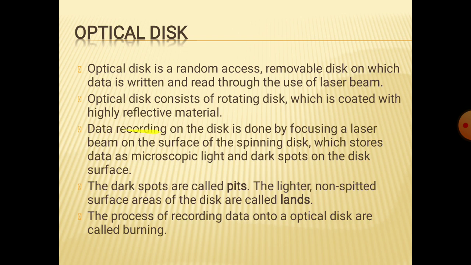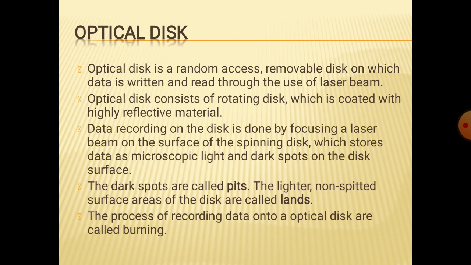The data recording on the disk is done by focusing a laser beam on the surface of the spinning disk, which stores data as microscopic light and dark spots on the disk surface. When we want to add any data into your optical disk, all of that is done after focusing.